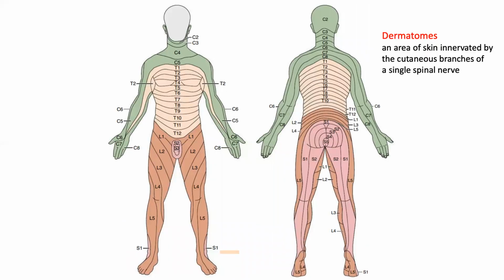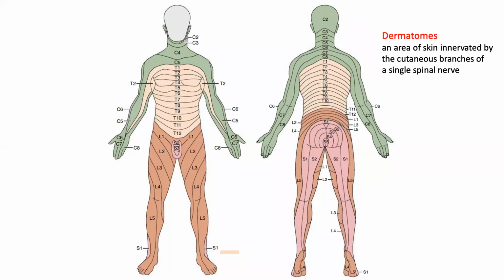Now, let's talk about dermatomes. Dermatomes are the particular areas of skin which are innervated by the cutaneous branch of a single particular spinal nerve.